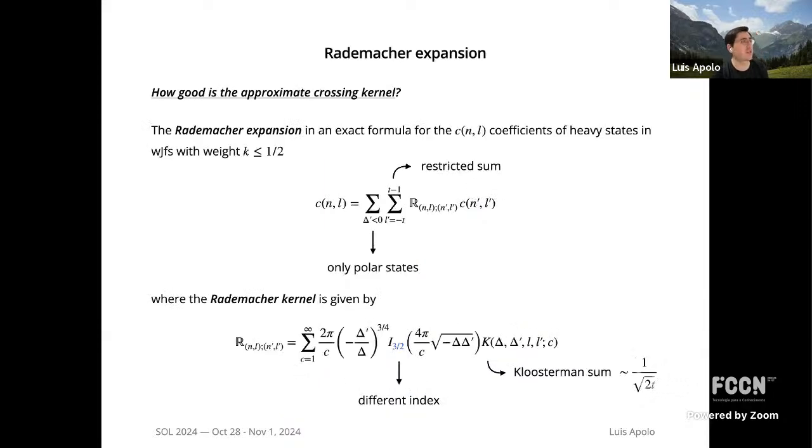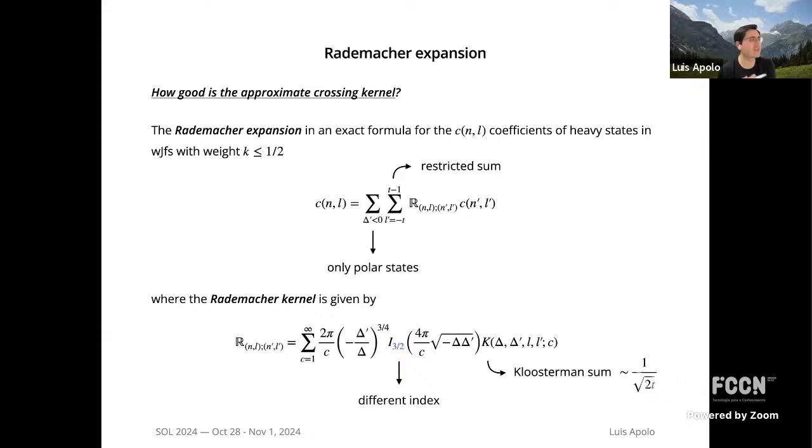Okay, so there was a question about the Rademacher expansion, and what's natural to ask is how good is this approximation for the crossing kernel that we have made. So the Rademacher expansion is an exact formula for the coefficients of the heavy states for weak Jacobi forms with weight k less or equal than a half.